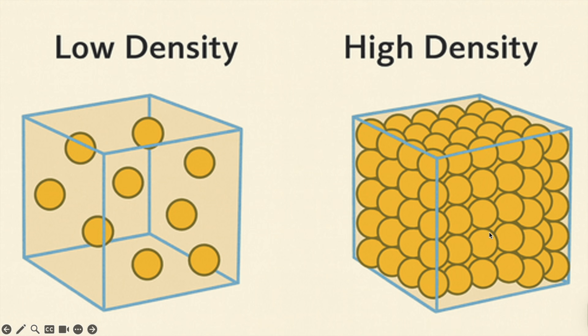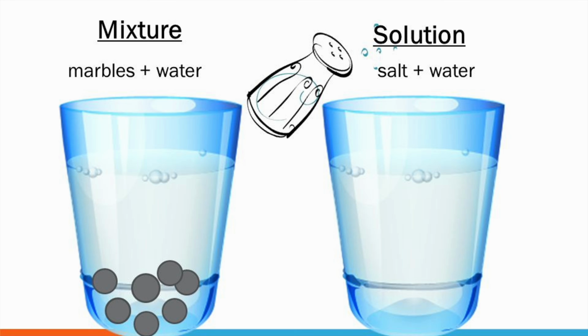It's more stuffed, more full compared to this block under the term low density. So density, again, is the amount of mass within a space. If something is more full, it's going to be more dense. If it's less full, it's going to be less dense. Now, what does that mean when it comes to water? We're actually going to see that shortly.